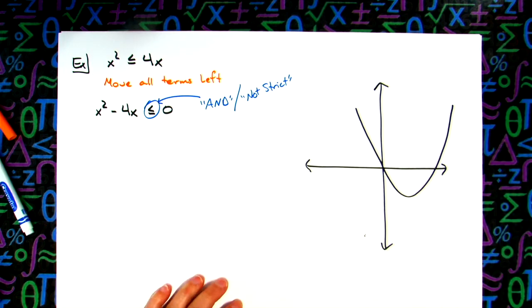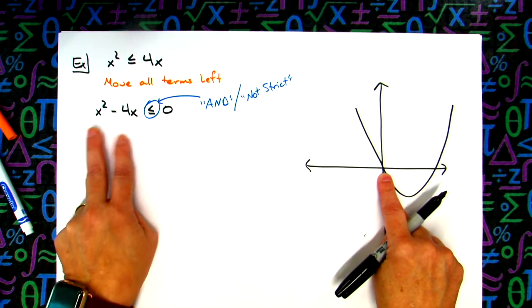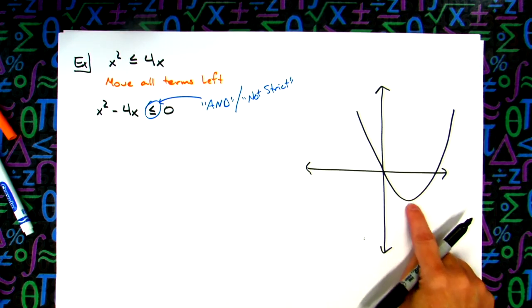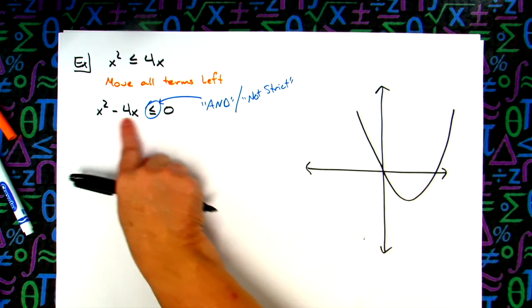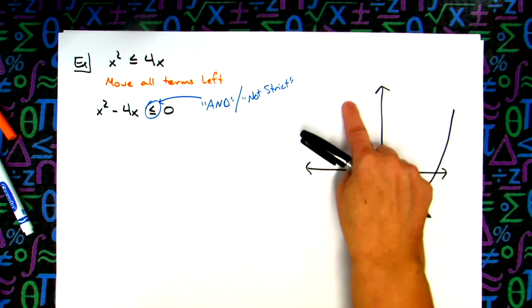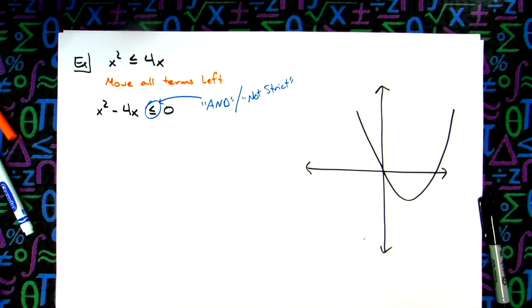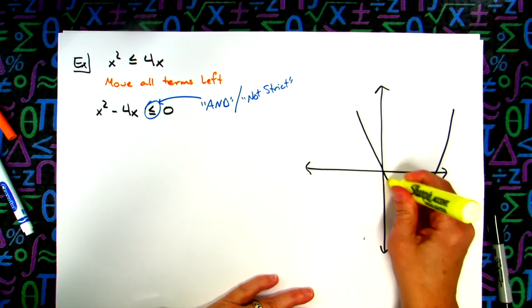I'm going to have something like that. I went through here on purpose because I looked ahead and knew what one of my zeros was going to be. But where is this parabola below the x-axis? That's what it's asking for. Here's the parabola, and it's below right here.